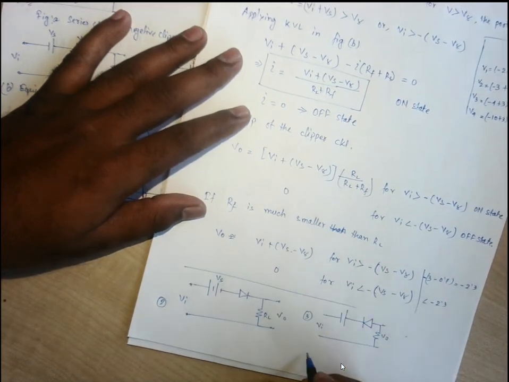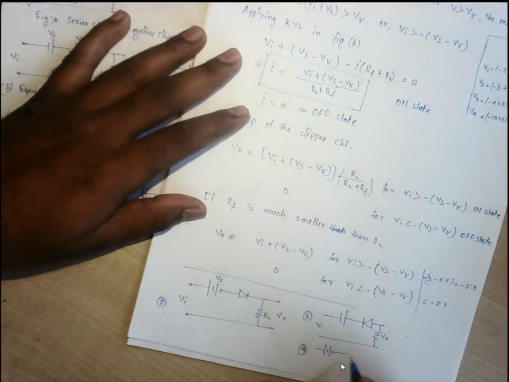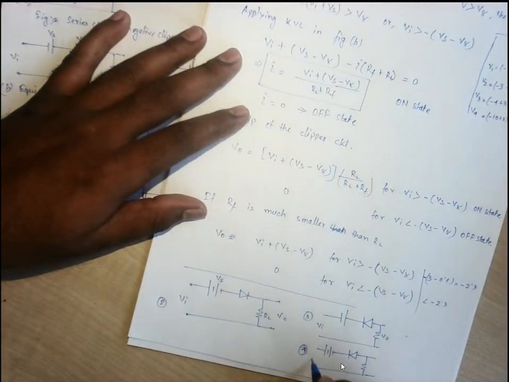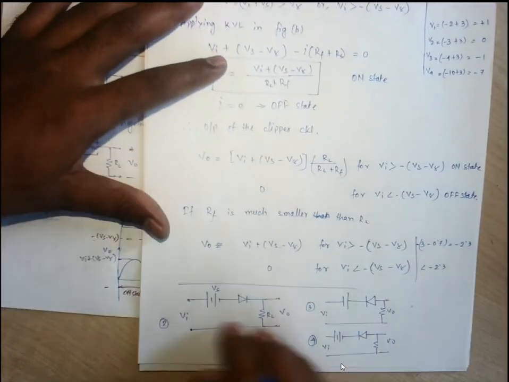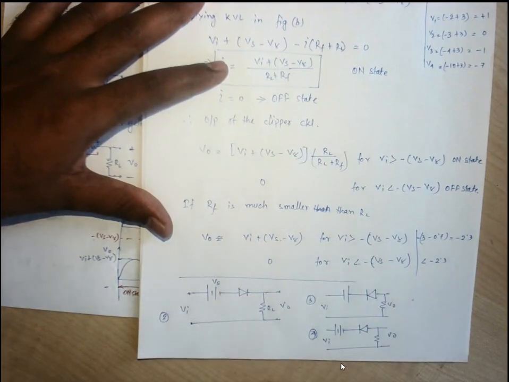For the fourth circuit, you just reverse the polarity of the source like this. This is input, this is output. So you just try to find out the output for this circuit.